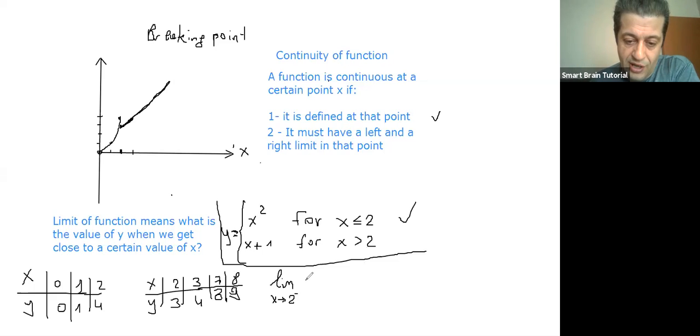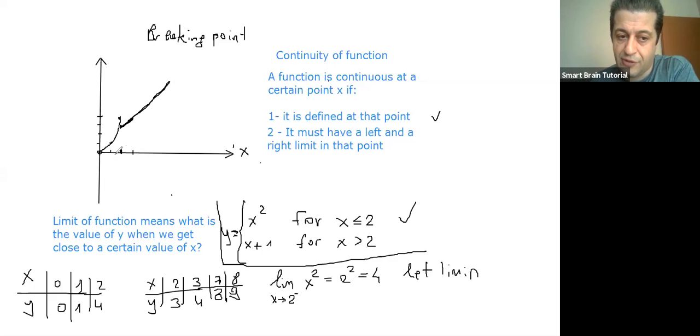So I should write x to the power 2. We replace x with 2. We write 2 to the power 2. It is 4. So this is the left limit, because we get the values from the left, from smaller than 2, not exactly at 2.